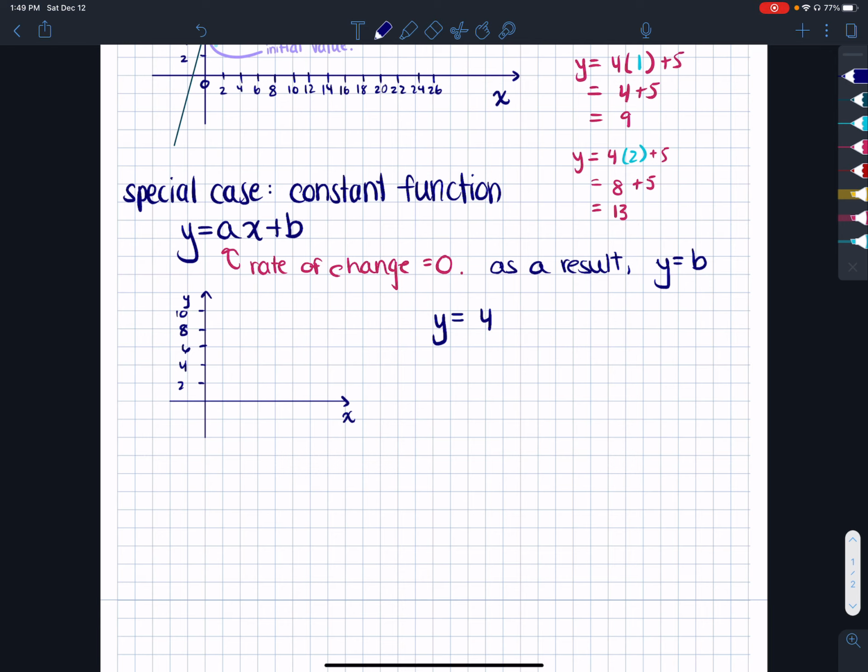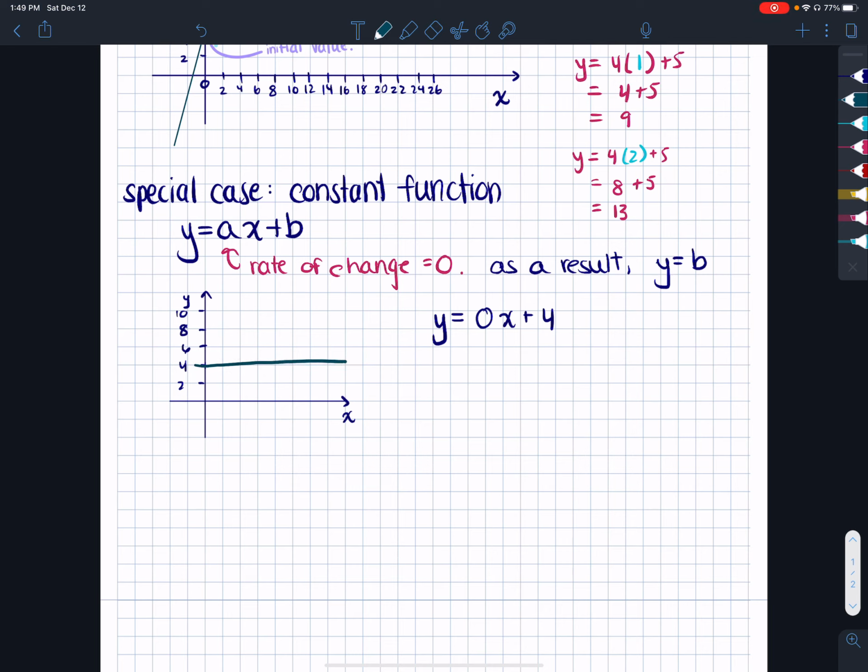So here at y equals 4, it just means that y is 4 and there is no change. So if I forced myself to actually write this whole thing out and put in the x, well then this would be, move the 4 over, 0x plus 4. There is no change for every x. So this line looks like just a straight line at 4.